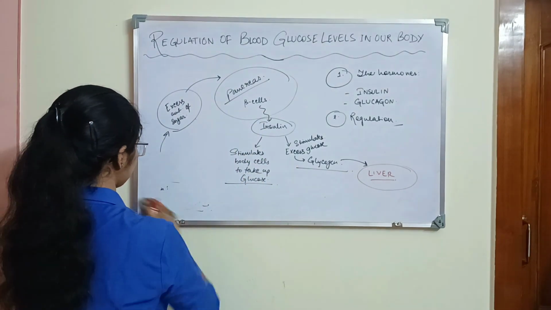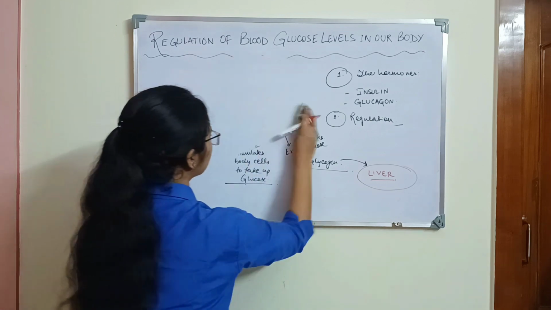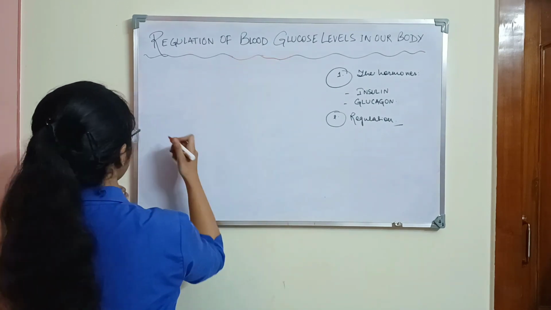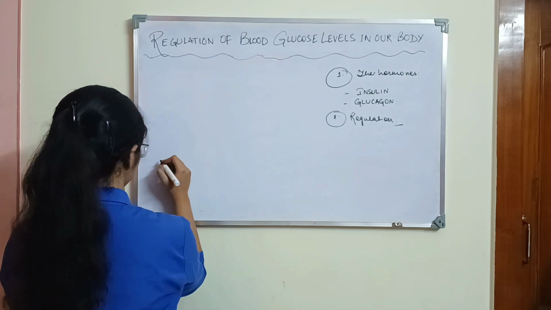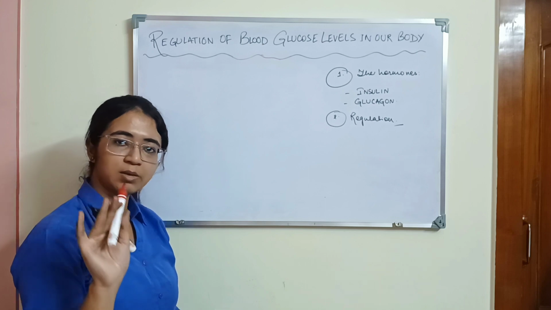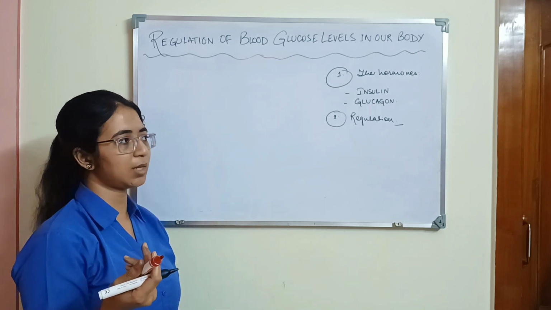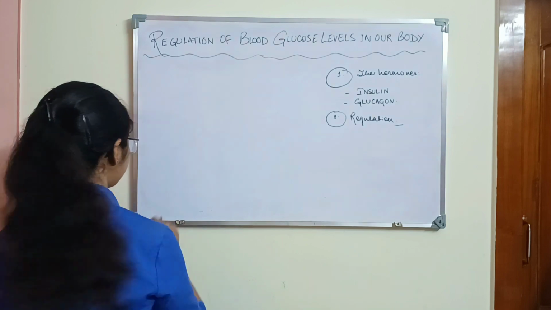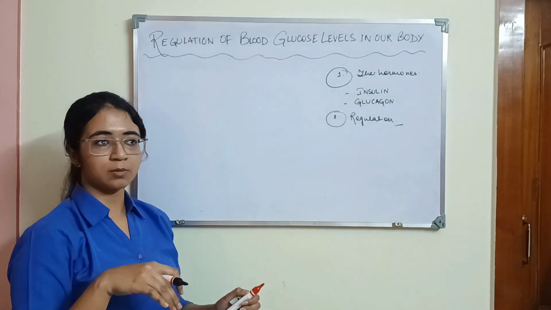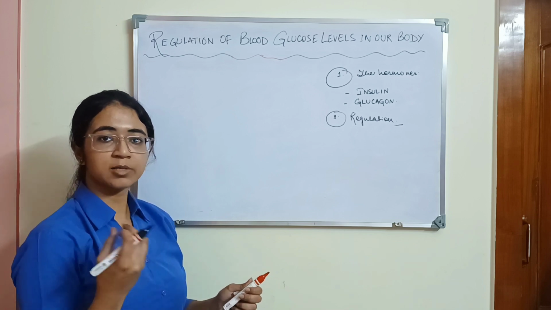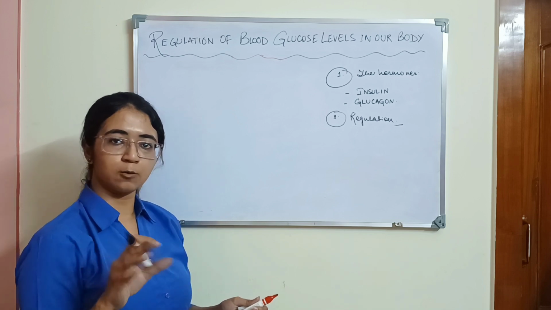Now comes glucagon. Now you have low blood sugar level in your body. Consider this condition. For example, you are doing exercise and you're not able to eat at the moment, so your body requires energy in order to do exercise. You're hungry. Hungry is basically your body wanting glucose now.